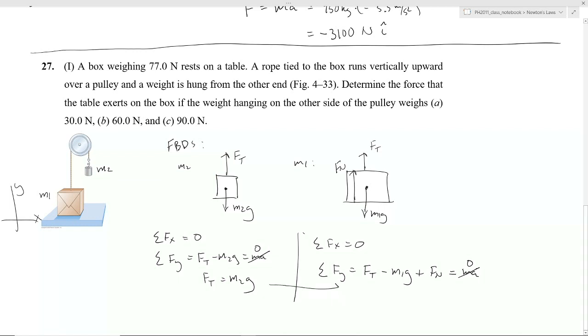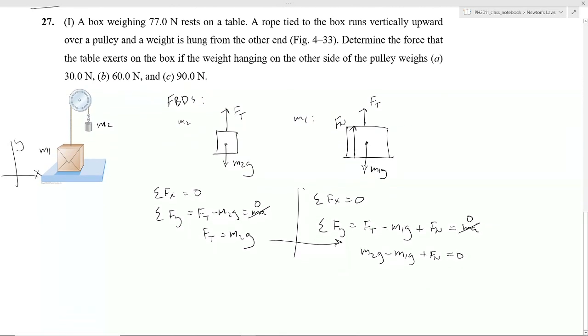So we can substitute in here: M2g minus M1g plus the normal force equals 0. So we can solve this for the normal force. The normal force is going to be M1g minus M2g, or maybe more concisely, g times (M1 minus M2).